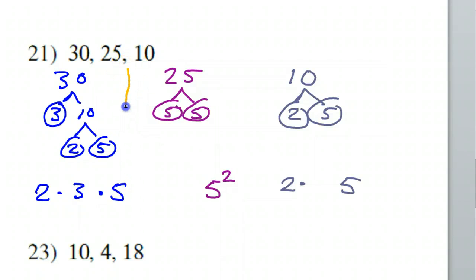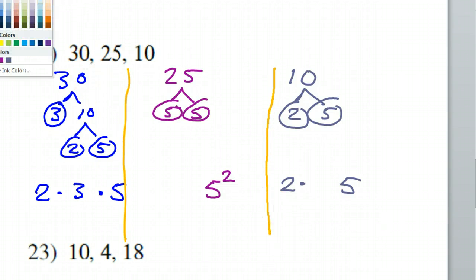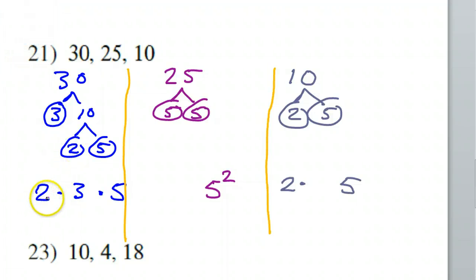Let's get some dividers in here. So this has a 2. This doesn't have any 2's, so I'm gonna have to give it a 2. Now 2, 2, 2. Now they all have a 2.